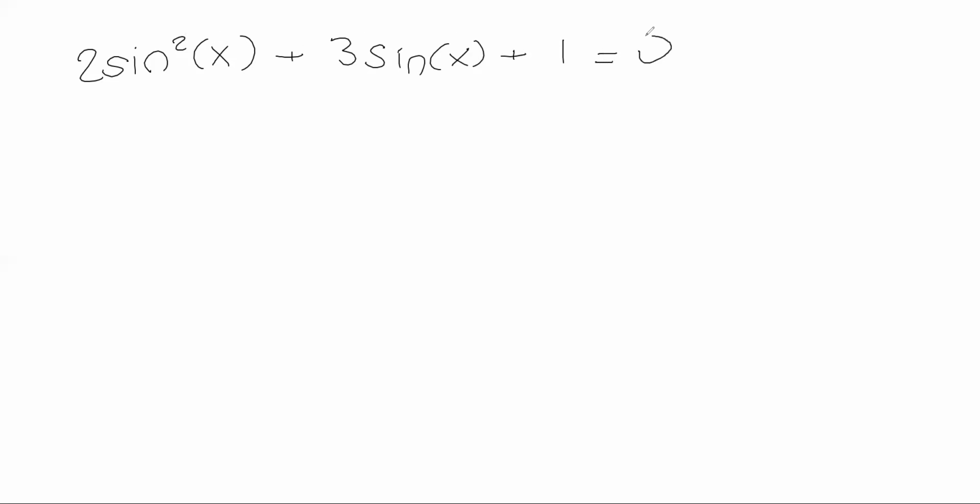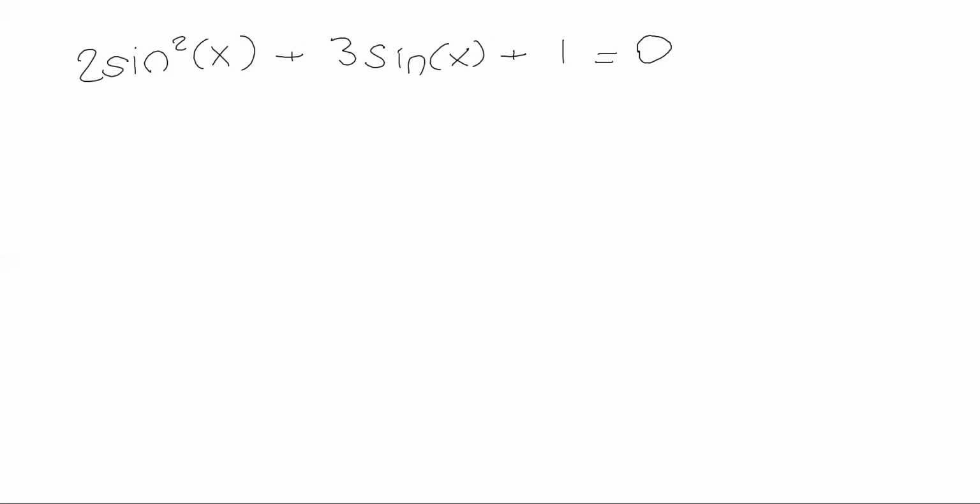Let's have you try number 30. We have 2 times sine squared x plus 3 sine of x plus 1 equals 0. What are you thinking might be helpful in this situation? Putting it into a quadratic first.